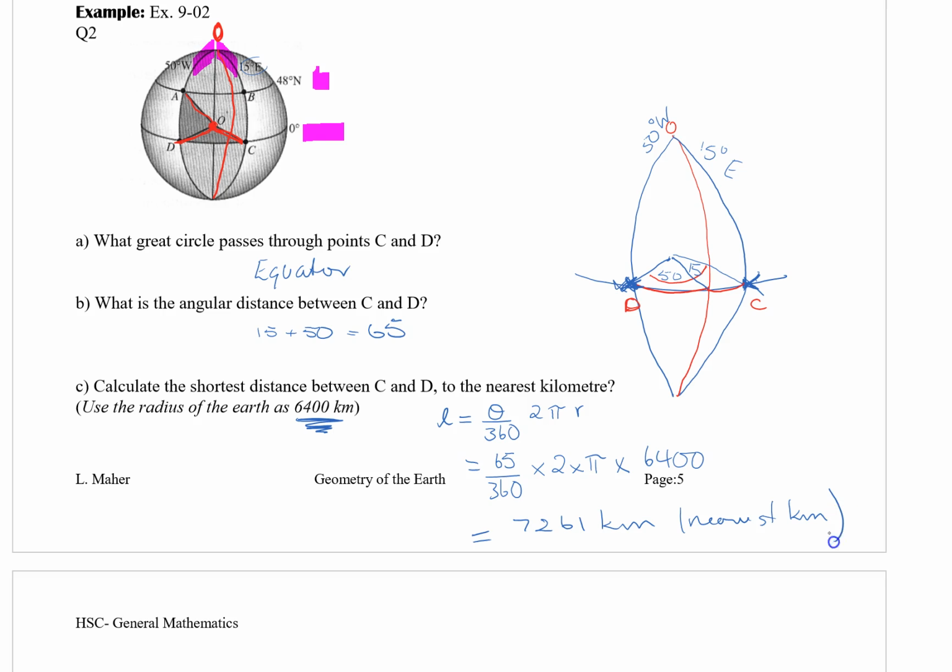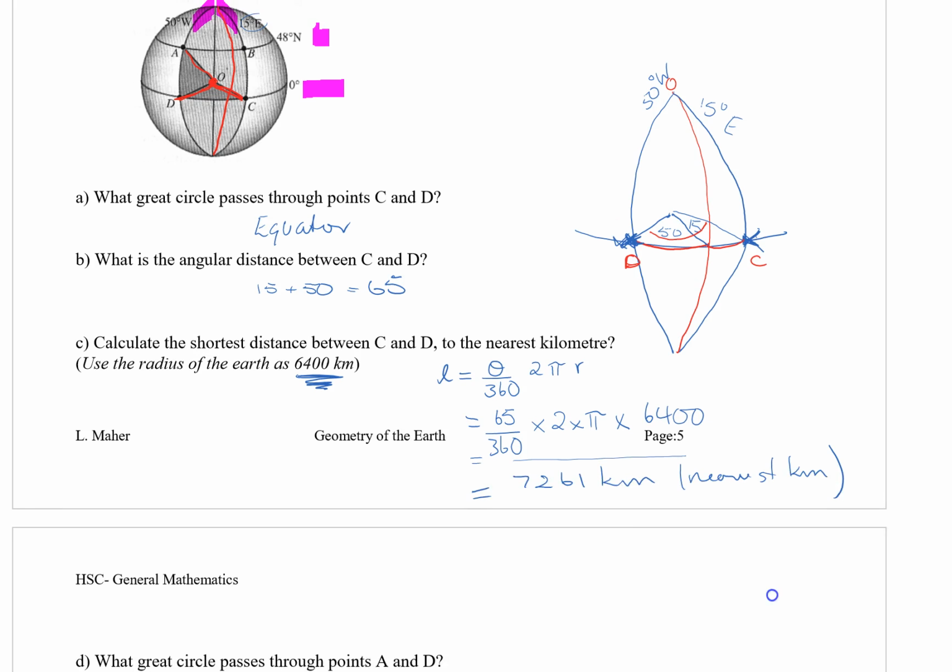And of course, the advice from the markers is to put that unrounded value in your answer before you round off. It's just that every time I go to write it, it disappears off the screen. And so I'm not going to do that, but certainly you are required to do that.